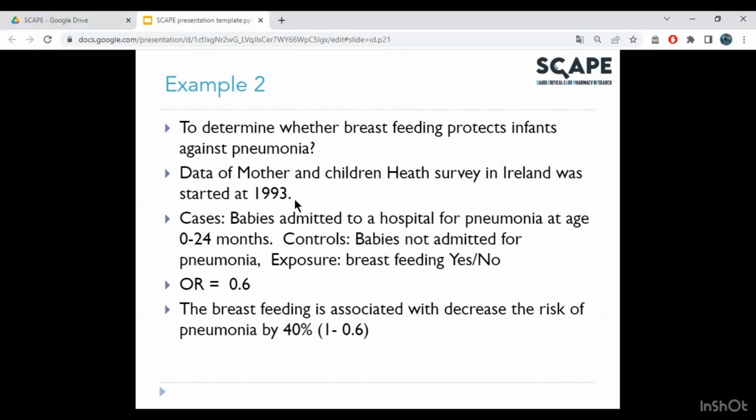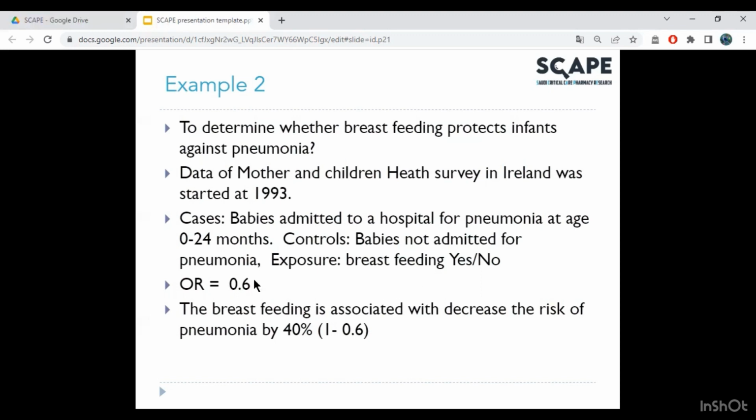In the registry, the cases were babies admitted to a hospital for pneumonia in their age from 0 to 24 months, while the controls were babies who were not admitted for pneumonia in a similar time frame of their age. And the exposure is whether they have been breastfed or not.